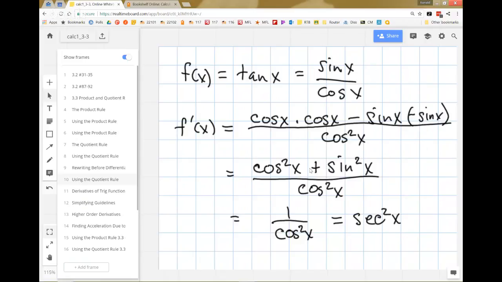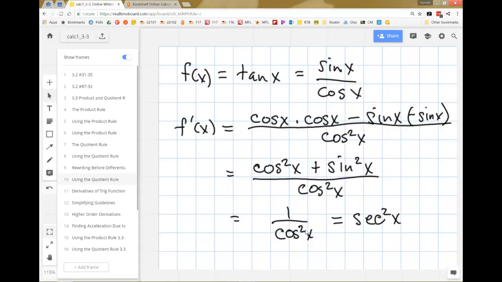And what happens when you simplify all over cosine, the denominator squared? So in the top, we simplify, we get cosine squared plus sine squared. Very famous identity says cosine squared plus sine squared is 1.